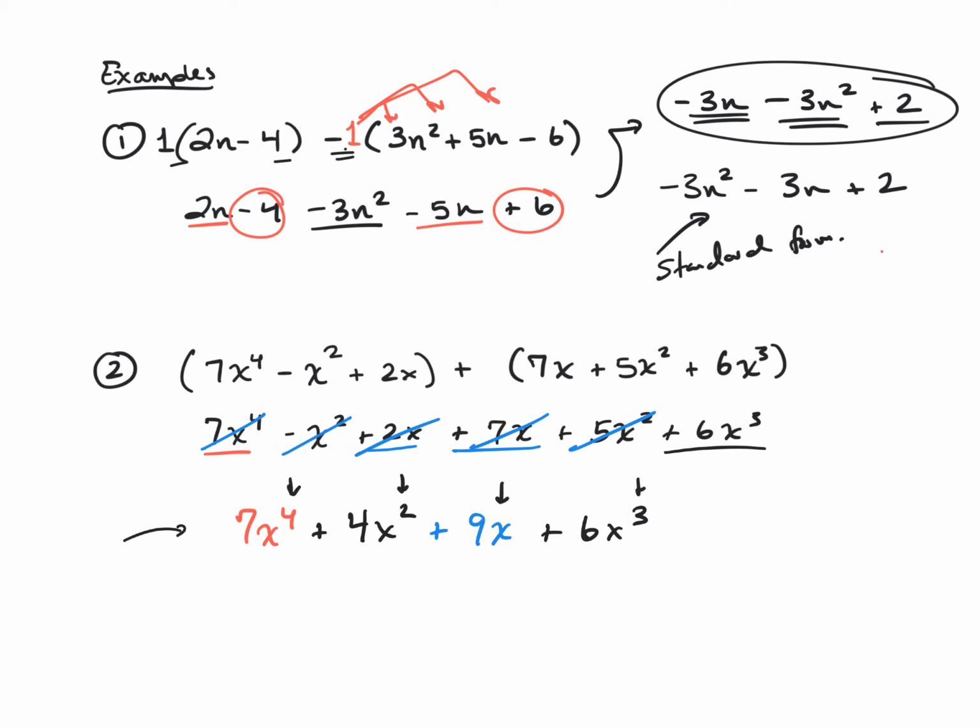So this would be the first one in my group, this would be the second, this would be the third, and this would be the fourth in terms of spots. So 7x to the 4th plus 6x cubed plus 4x squared plus 9x. Notice that I just put them in order from first, second, third to fourth, and then you're done.